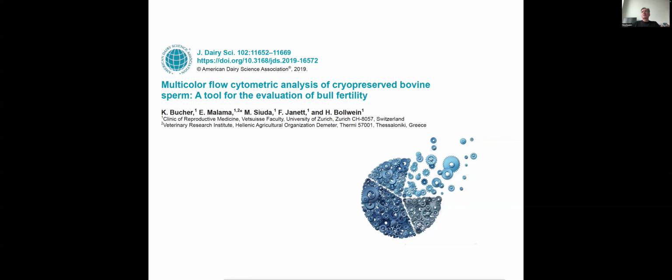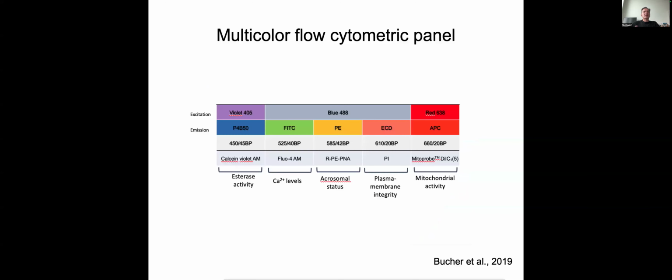And here we developed a multicolor assay. It means nowadays, as I already mentioned, our flow cytometers have the possibility to have different lasers. Like this flow cytometer has, for example, a violet laser, a blue laser, and a red laser. And we have then different emissions if we are using different probes. And then we are measuring different characteristics in sperm.